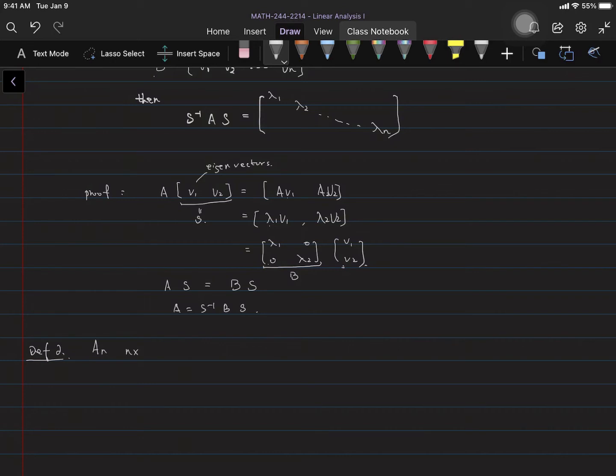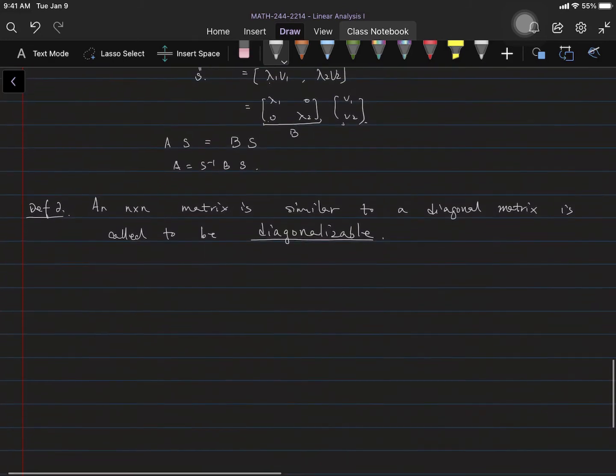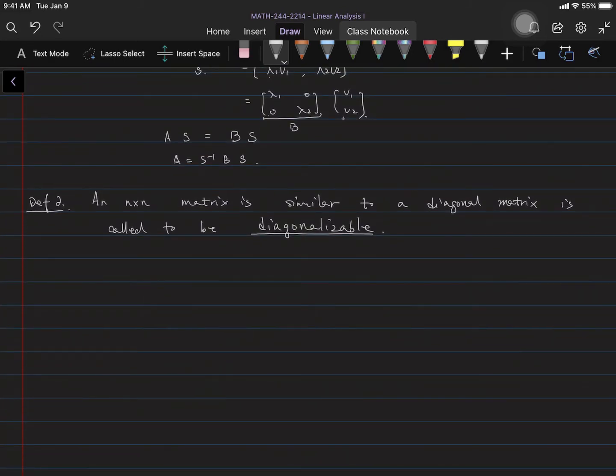An n by n matrix that is similar to a diagonal matrix is called diagonalizable, or we say it can be diagonalized. Okay, let's see example 2.